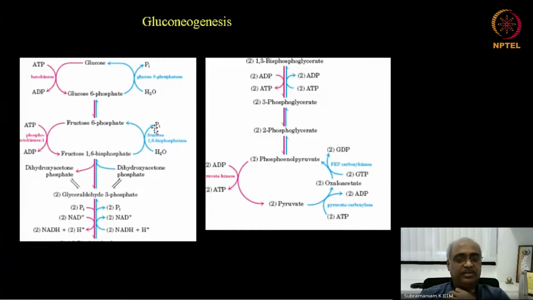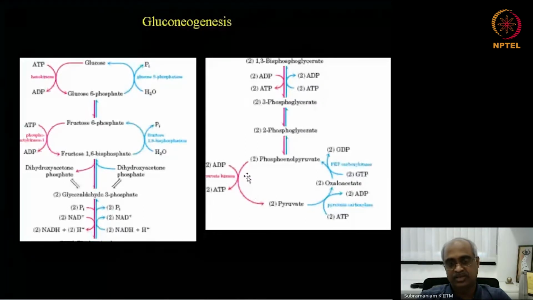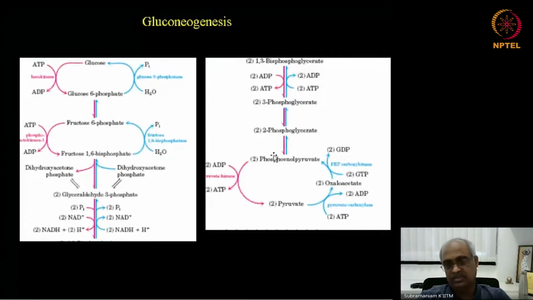Looking backward, from pyruvate back to glucose, the pyruvate to phosphoenolpyruvate direction is not reversible by the same enzyme. Pyruvate kinase will not go back in this direction.